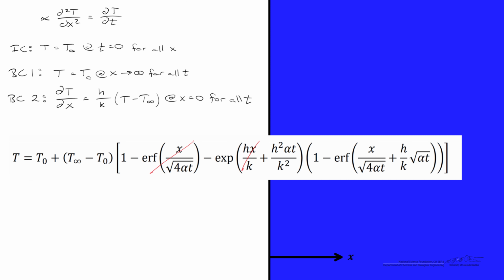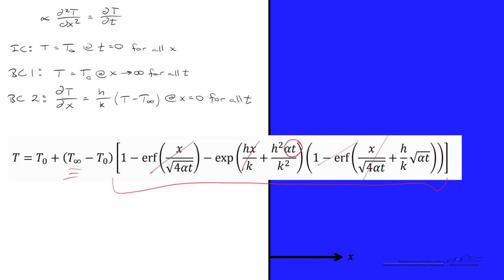This term in the exponential will drop out, and the error function in this term will drop out, and it almost appears as though the temperature will go to infinity because time goes to infinity in the exponential. However, the error function of infinity is equal to 1, 1 minus 1 is equal to 0, and unlike the first case in which we fixed the flux at the surface, we'll find that the temperature at the surface will asymptotically approach T infinity. It does so because the entire term in the square brackets asymptotically approaches 1.